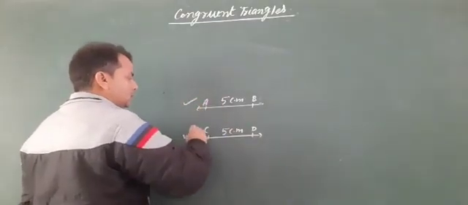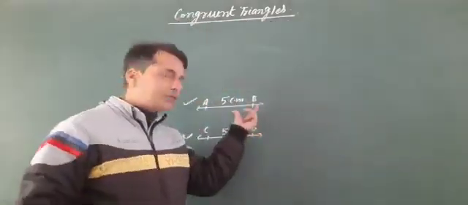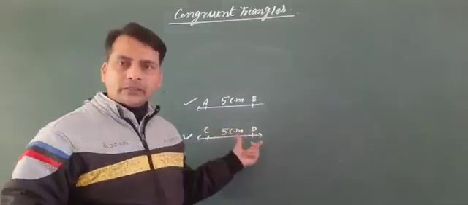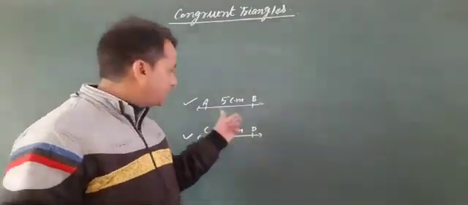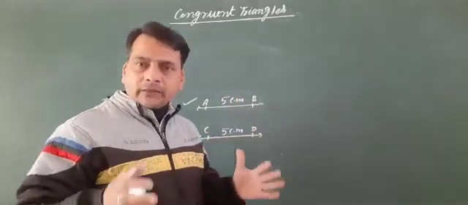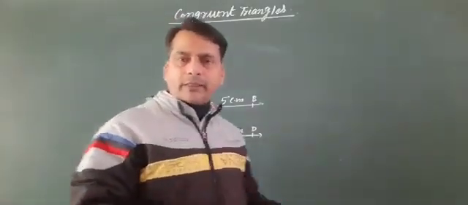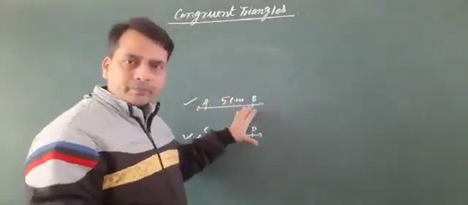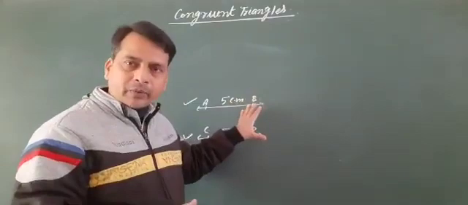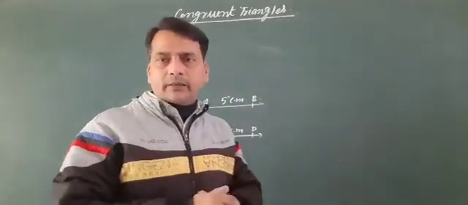Then these line segments are said to be congruent because the shape of both figures is a line segment, and the size is the same. The length of AB is 5 centimeter and the length of CD is also 5 centimeter. So it is clear that the shape and size of both figures are the same. So AB and CD are both congruent.